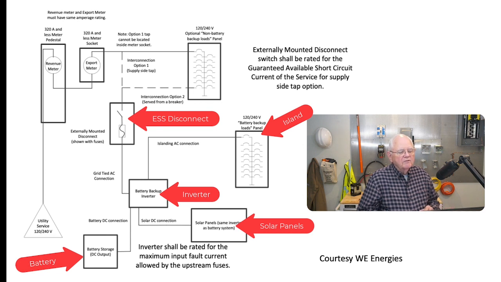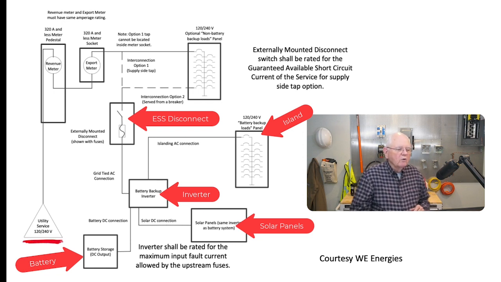It may or may not be fused, but we go through a disconnect, up to, in this case, an optional non-battery 120/240 panel. But look what it's connected to: an export meter, and then back to the utility, doesn't it? So this is my utility service, or what the definitions in Article 100 call primary power.